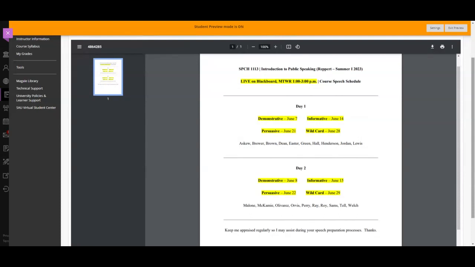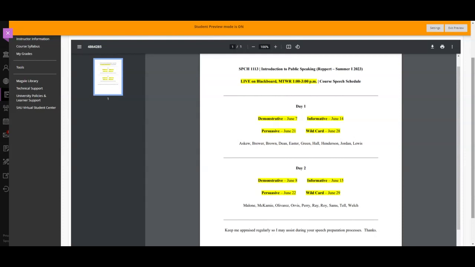Officially, day 1, demonstrative, June 7, informative, June 14, persuasive, June 21, wild card, June 28. Askew, Brewer, Brown, Dean, Easter, Green, Hall, Henderson, Jordan, and Lewis. You will always be ready to go on day 1, which is a Wednesday.